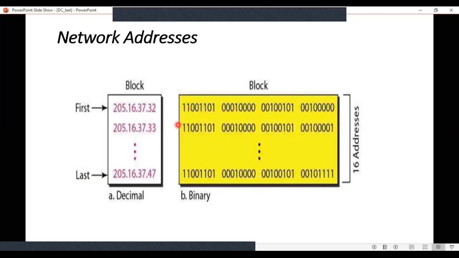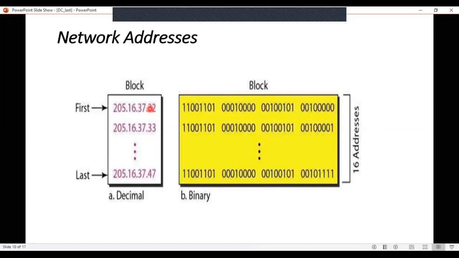If you want the first address in this particular block, then in the suffix part, however many bits there are, you represent them using zeros. That will give you the first address in the block.